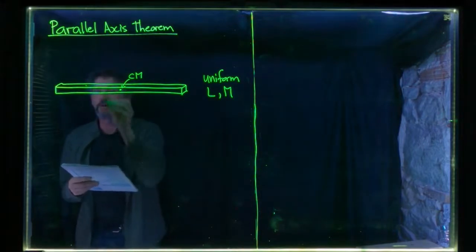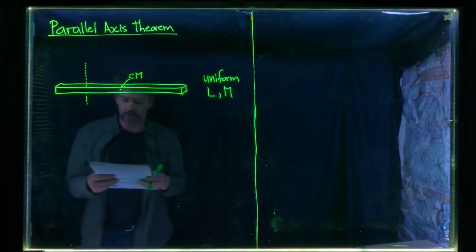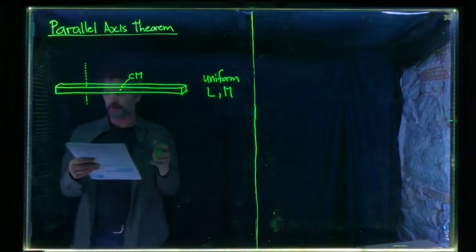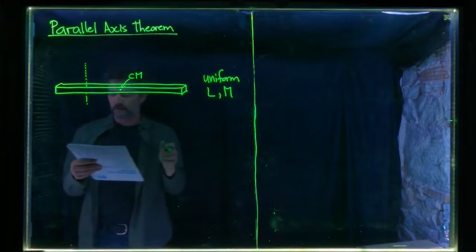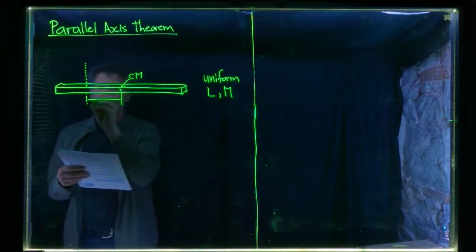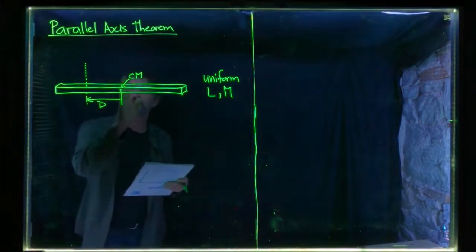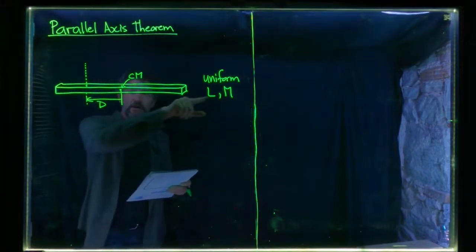The axis that we are going to be rotating it around is located a distance d from the center of mass. And that d can range from 0 up to L over 2, half the length of the rod.